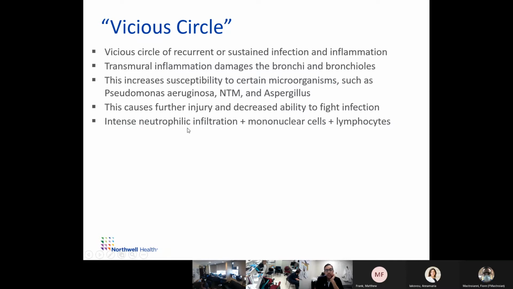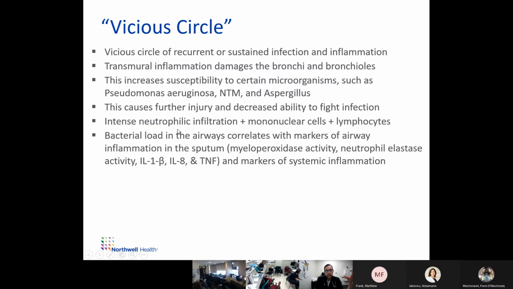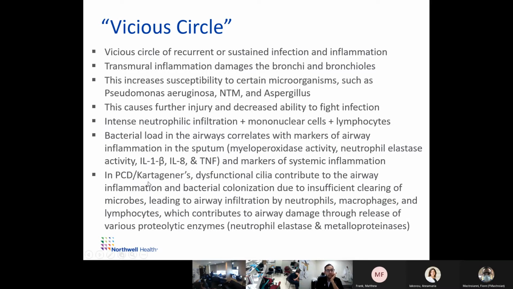And the neutrophilic infiltration is so important in bronchiectasis because the bacterial load in the airways causes the neutrophils to cause an inflammatory reaction. And then the neutrophils themselves contribute to the damage by releasing neutrophil elastase and metalloproteinases that cause more damage to the airways.